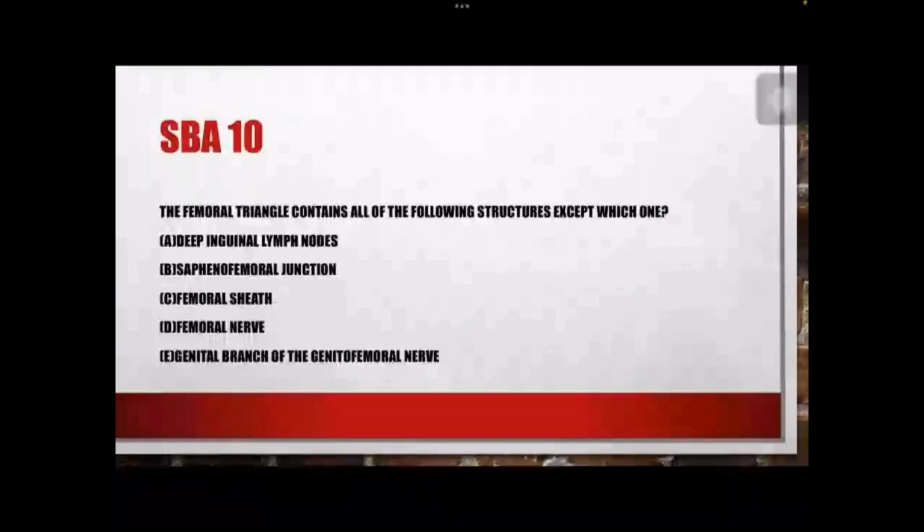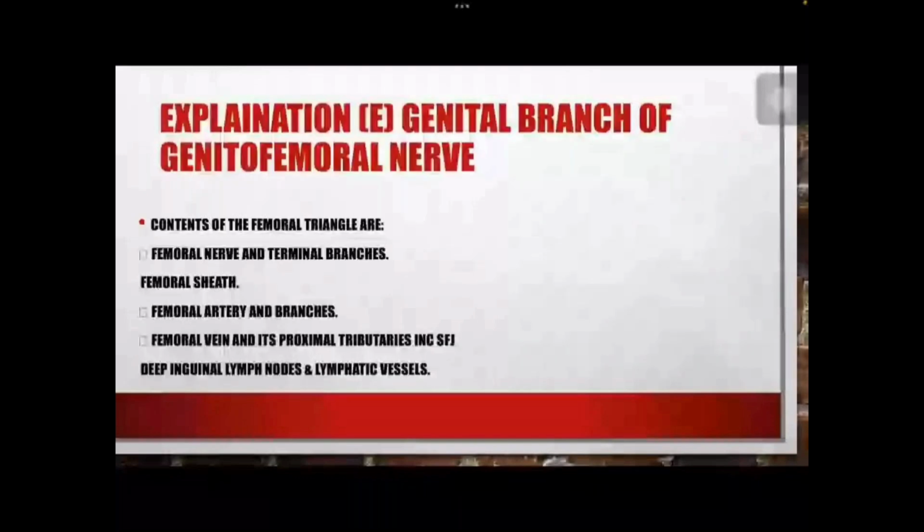It contains all of the above structures, but not the genital branch of genitofemoral nerve. The contents of the femoral triangle are femoral nerve and terminal branches, femoral sheath, femoral artery and branches, femoral vein and its proximal tributary, that is the saphenofemoral junction, and deep inguinal lymph nodes and lymphatic vessels, but not the genital branch of genitofemoral nerve.